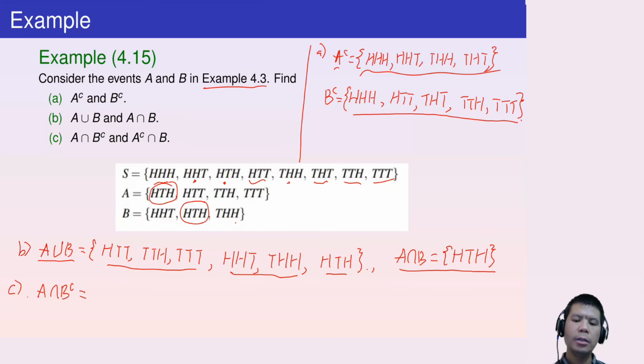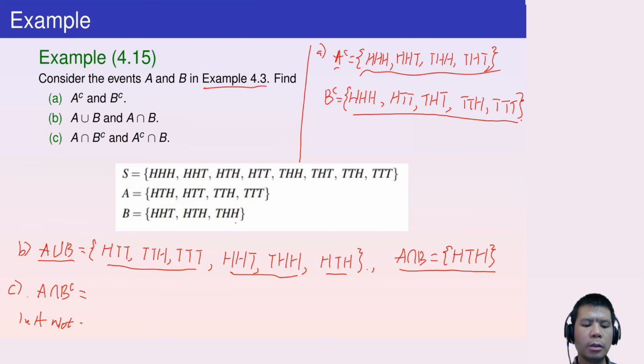So A intersect B complement, that is the common values. That is in A, not in B, right? So in A, not in B. Okay, firstly in A, not in B. So I believe this is just these three, right?